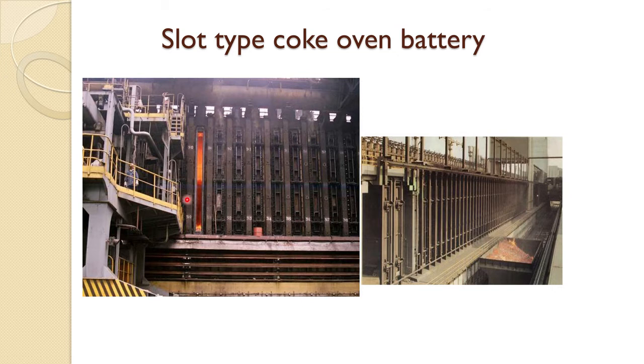From the side you supply the heating, and once the coking is over, from the other side you push the hot coke out and collect it in a container. After that you do the quenching, because you can't leave it as it is; it will oxidize and react with the atmosphere.